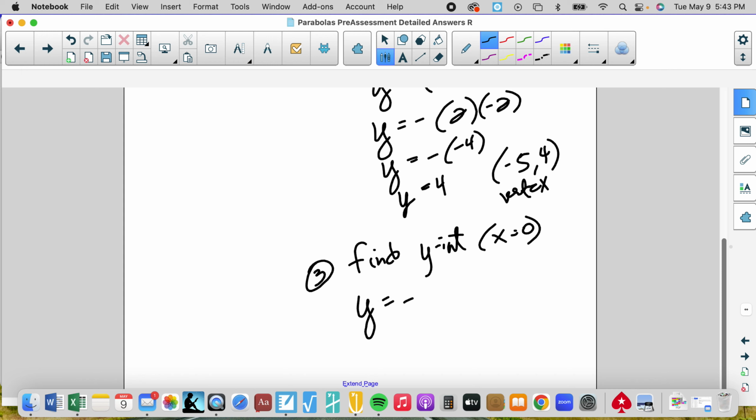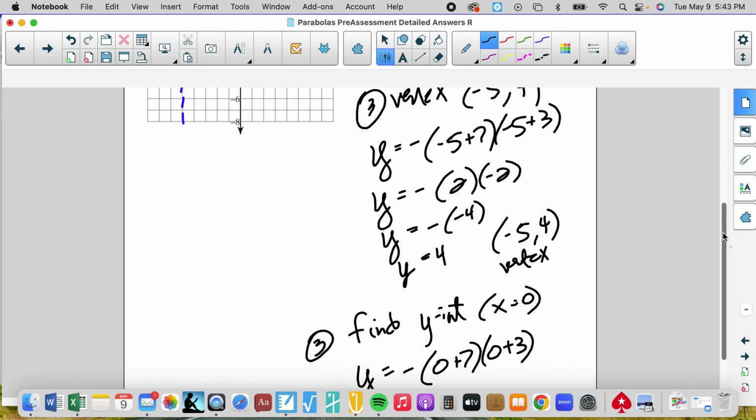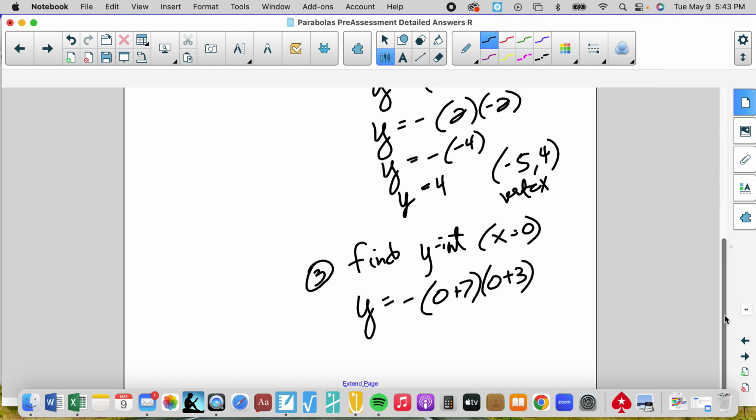So we get the opposite of 0 plus 7 and 0 plus 3. Is that correct? Plus 7, plus 3, yes. So that gives me -7 times 3, or -21. So 0, -21 is my y-intercept.